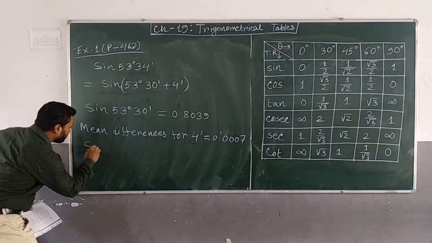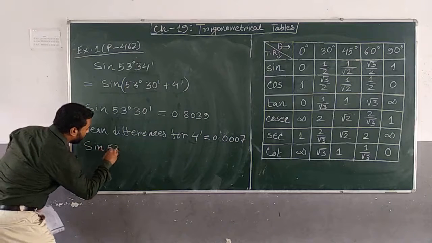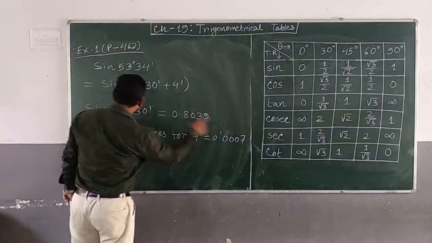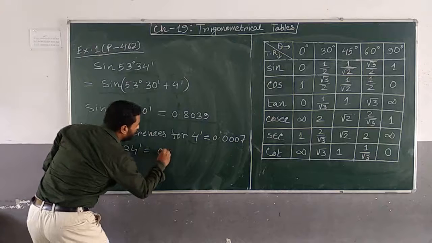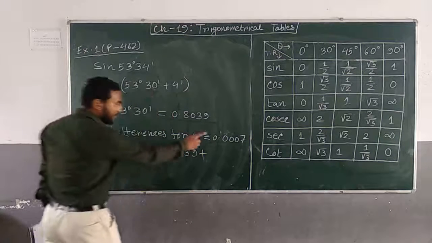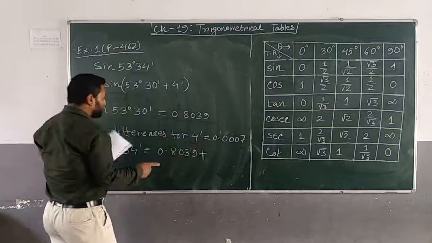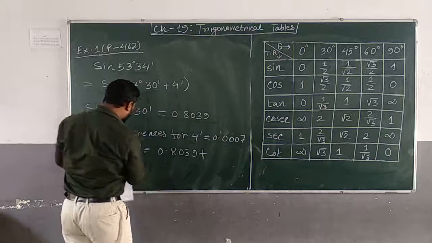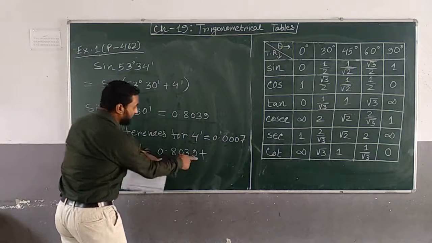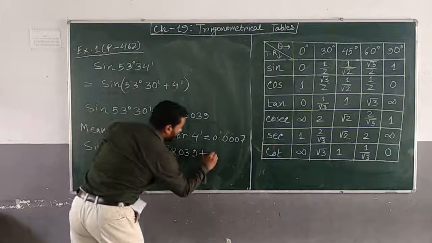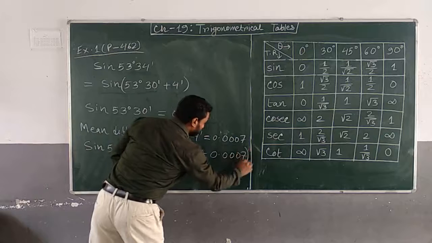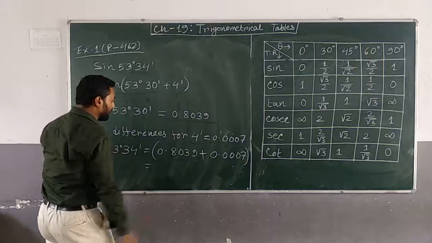So sine 53 degree 34 minutes equals the value of sine 53 degree 30 minutes, that is 0.8039, plus the value of mean differences for 4 minutes, that is 0.0007.